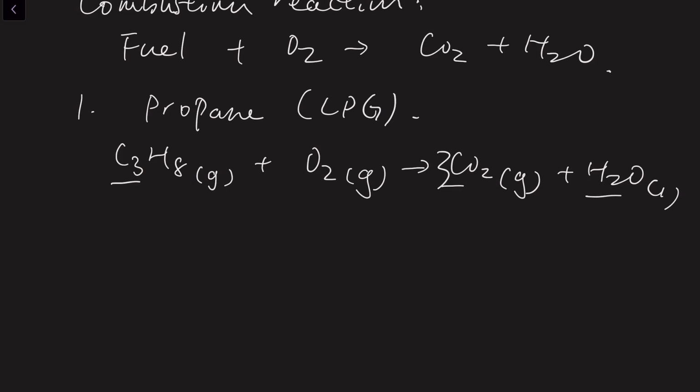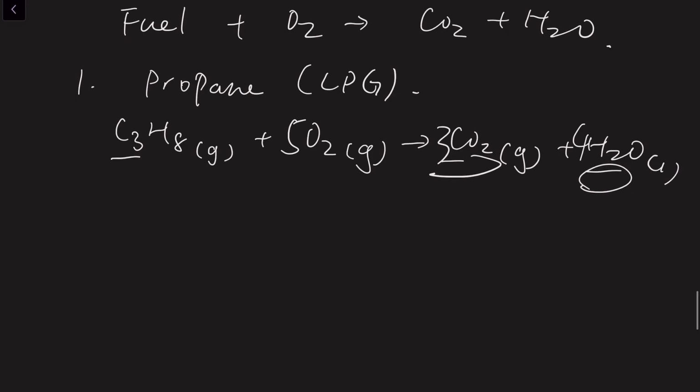Since we only have it in one of the products, we have 8 hydrogen on the left, so we also need 8 on the right, so times H2O by 4. And now how many oxygen do we have? We have 6 oxygen atoms here and 4 here, so we have 10 atoms of oxygen on the right. So we need to multiply the left by 5. So this is a balanced combustion reaction equation for propane.